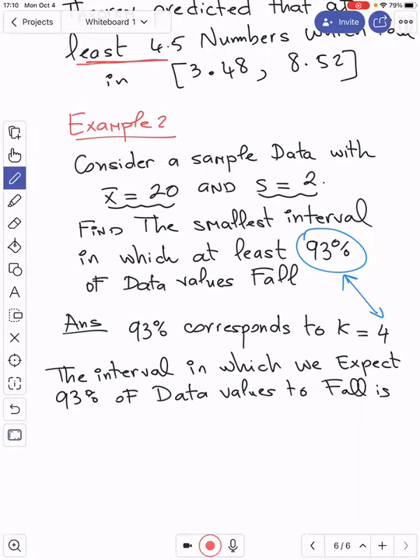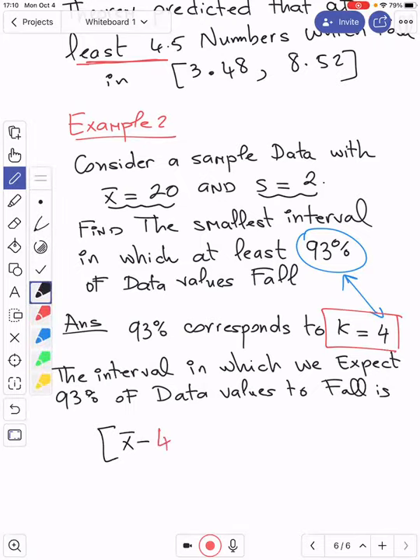Because k is 4, the interval would be x bar minus 4 times s, and x bar plus 4s.